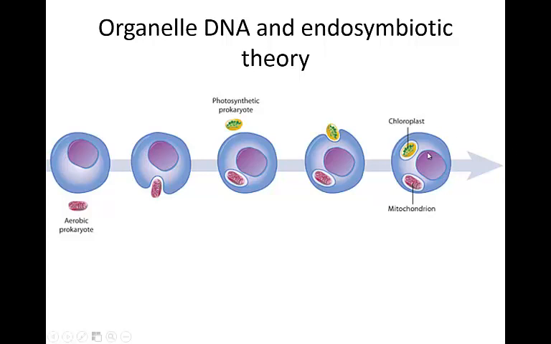Now, over time, many of the original genes have been lost, and only ones that are important for the various functions, either cellular respiration or photosynthesis, have stuck around. Also, both the mitochondria as well as the chloroplast have this double lipid bilayer. And it supports the origin as originally coming from the outside plasma membrane as well as the prokaryotic plasma membrane.